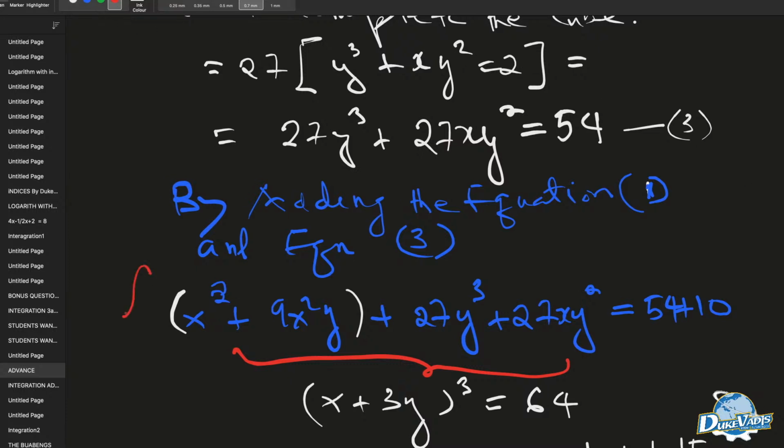So this is the equation. By inspection, you see that this is the same as expanding (x plus 3y) cubed.